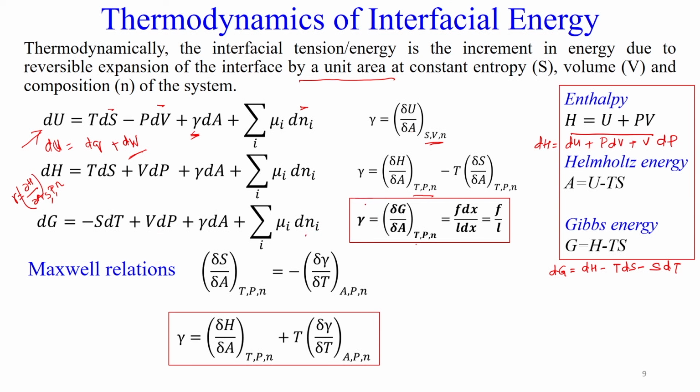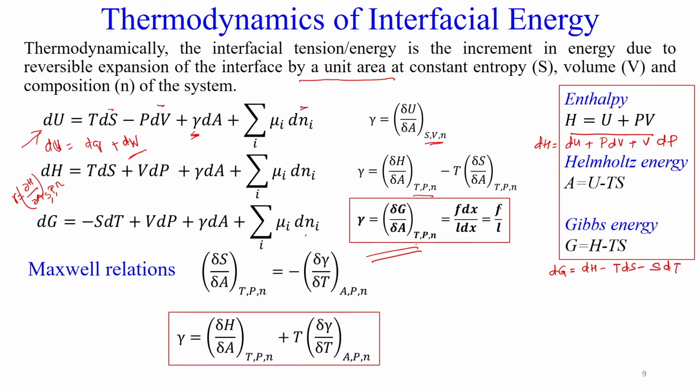So, we can say surface energy is the change in the free energy per unit area. That is what we have been deriving since the very beginning, that surface tension or surface energy is the change in the free energy per unit area. Now, free energy is the work done. So, work done is F into dx, area is L into dx.